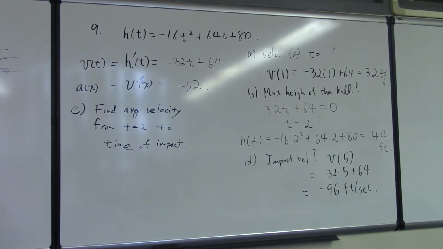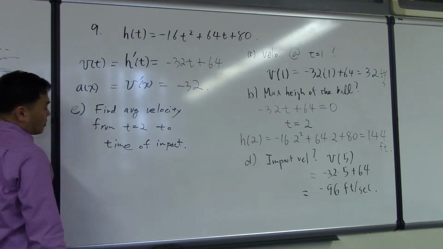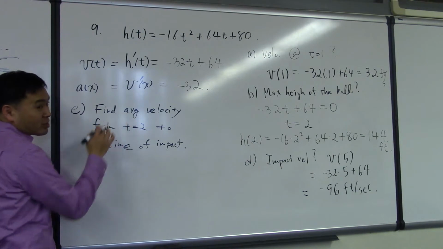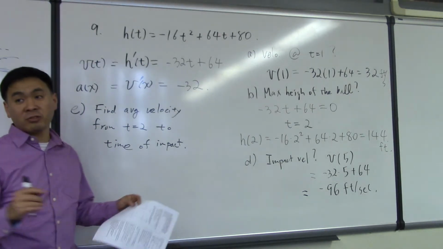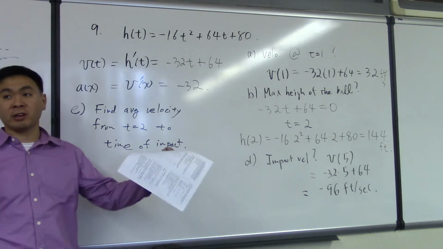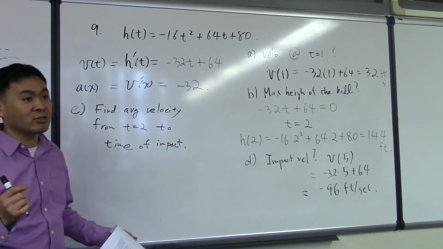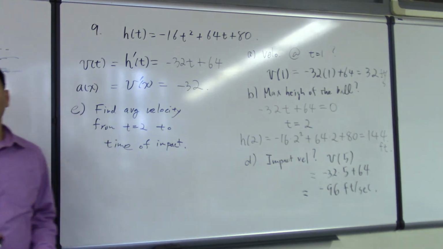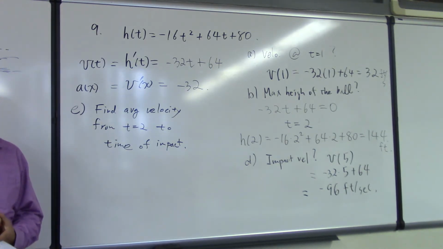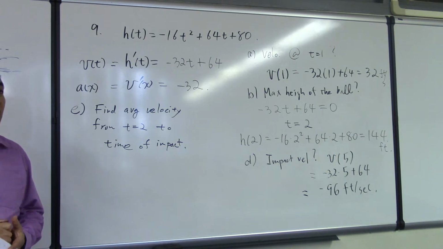Let's think about this question. What's the difference between average velocity and instantaneous velocity? Average velocity is the velocity over a time period. Instantaneous velocity is the velocity at each moment. Okay? Which one is the derivative? Instantaneous or average? Instantaneous.